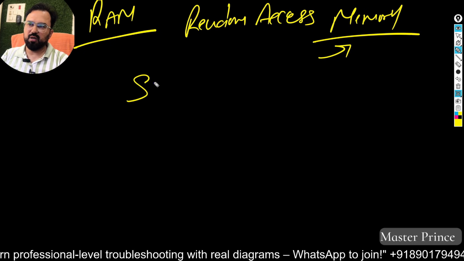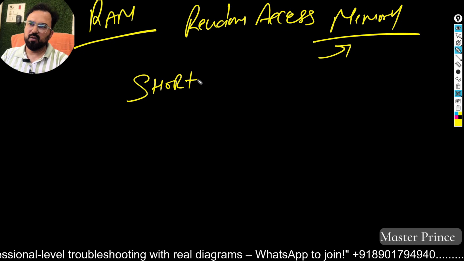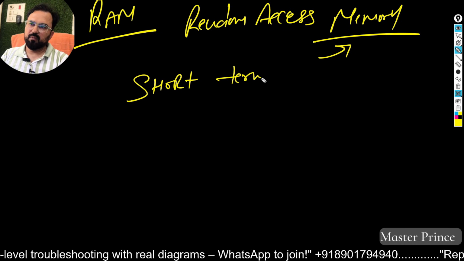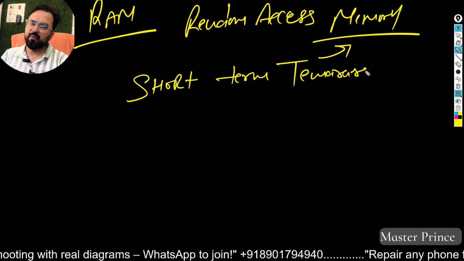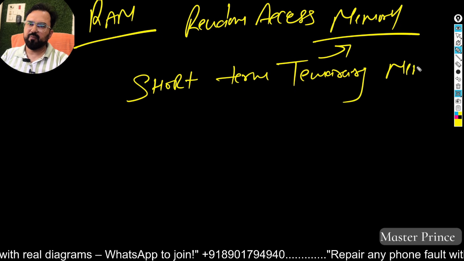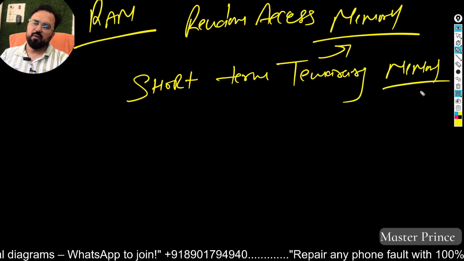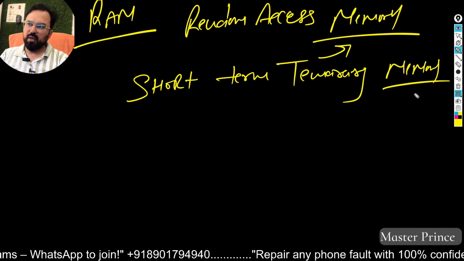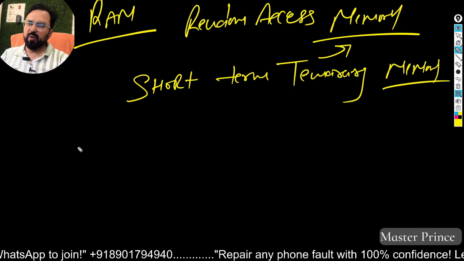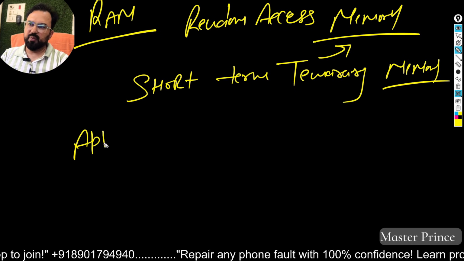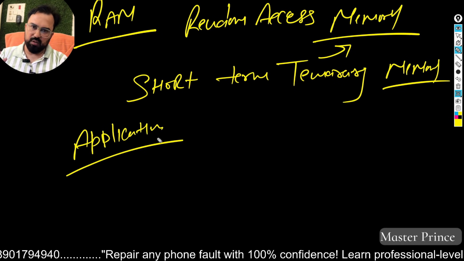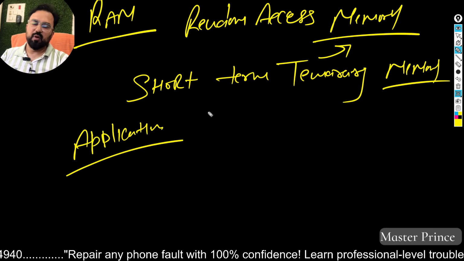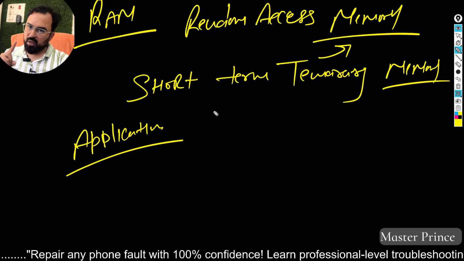It is a short-term, temporary memory. What does that mean? When you open any application on a PC, you can also compare it with your phone, because a phone also has RAM.